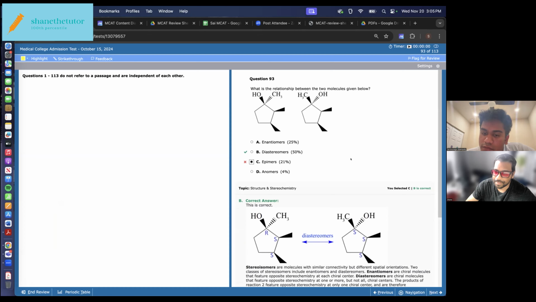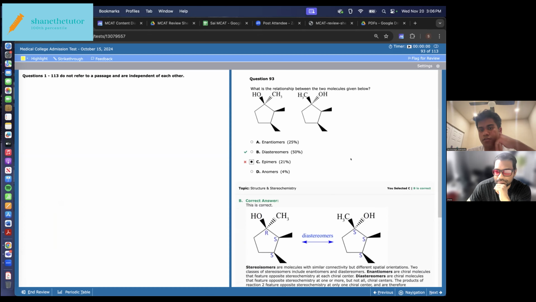Yeah, epimers are typically for sugars. The reason it won't be an epimer is because we have a ring. If it was a straight chain, epimer can work, but since we have rings, we can't call them epimers. And the same thing applies for sugars.